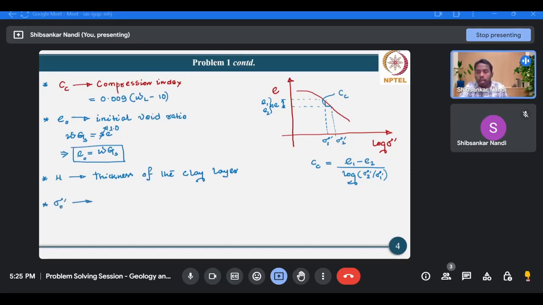This is the initial effective overburden pressure before consolidation.